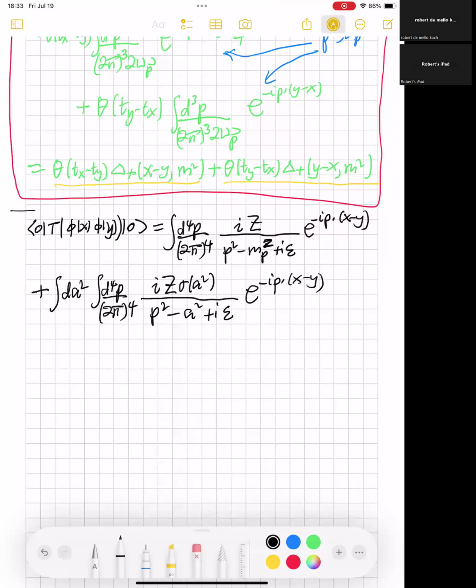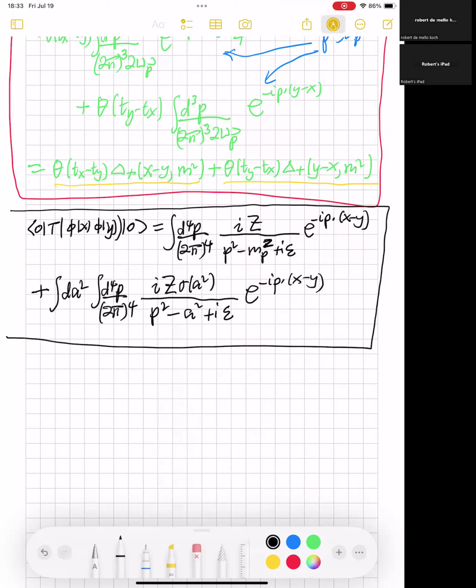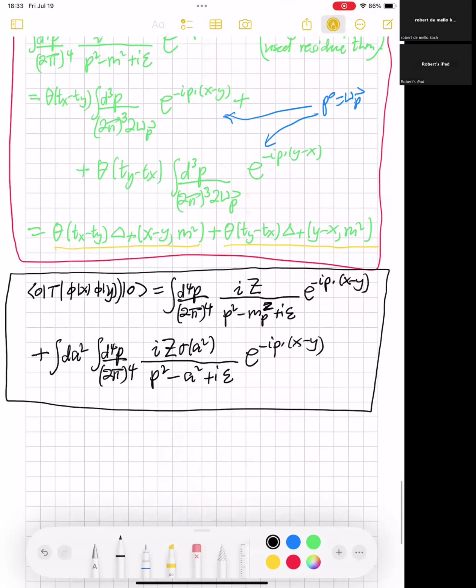And this is the final formula that I wanted to get for our time-ordered two-point correlation function.